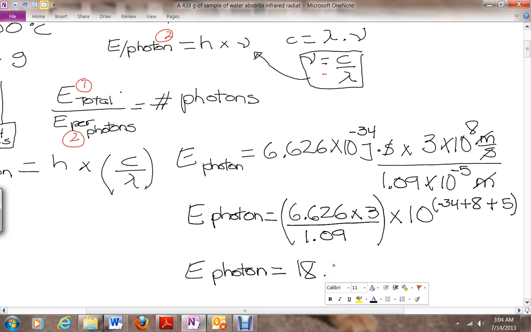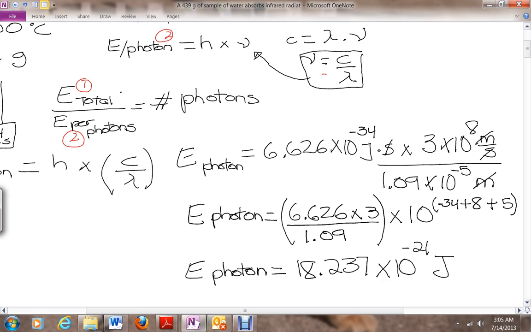I got the numbers already. That's why it took me a while to start, so I don't have to calculate all this now. I just double check, and I know I got the answers right. Minus 21 joules, of course, per photon.